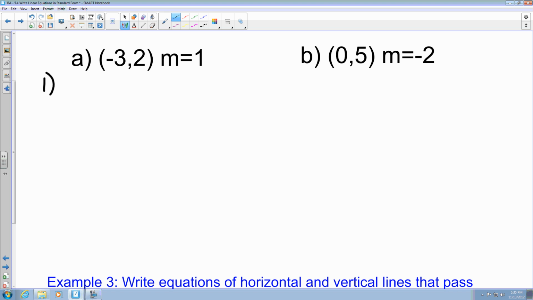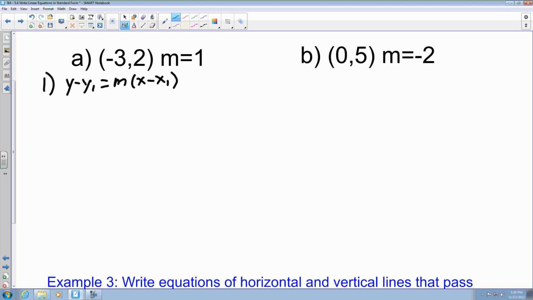So let's remember what the equation is for point-slope form. It's y minus y1 equals m times the quantity x minus x1. Let's put it now in point-slope form using the coordinates (-3, 2) and the slope 1.